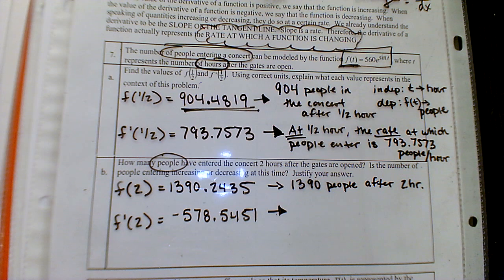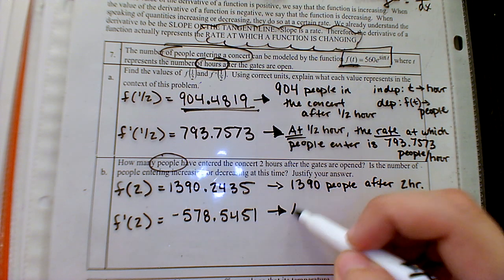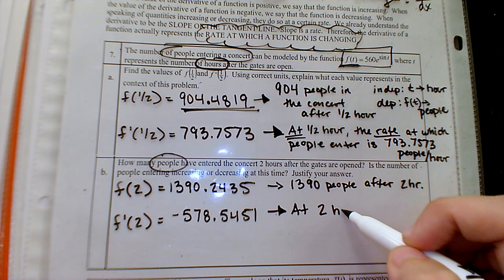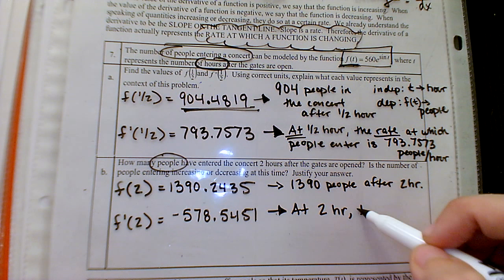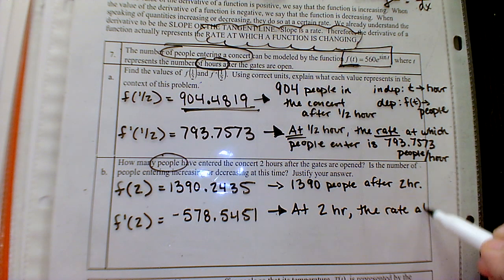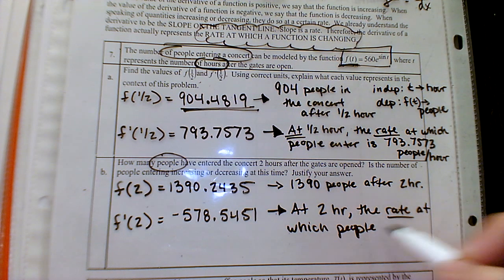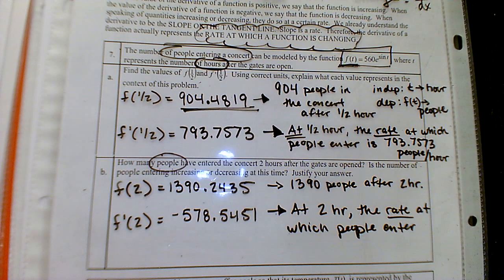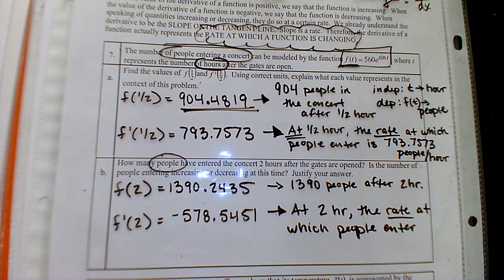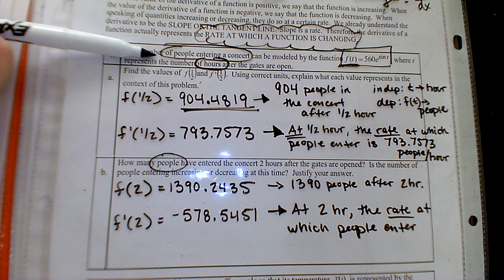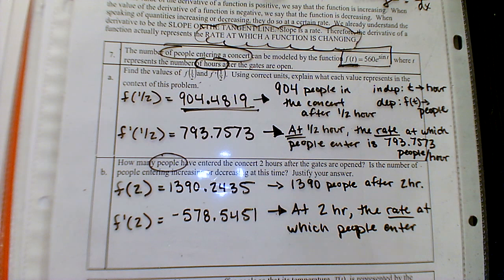How can we interpret that value? Good, Austin? People are coming in slower. Okay, so at 2 hours, the rate at which people enter. Notice how I'm using the phrasing from the question. At the very top it says the number of people entering the concert, so that's what I'm using for my justification here.